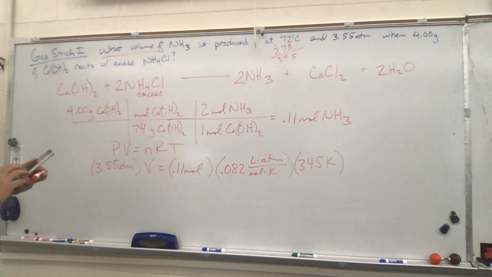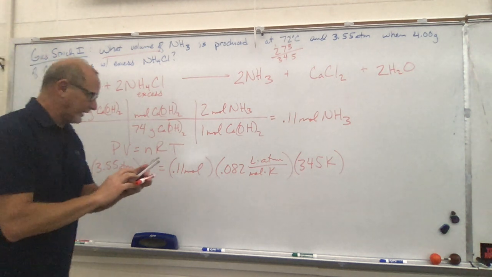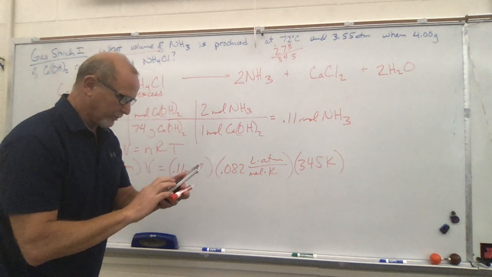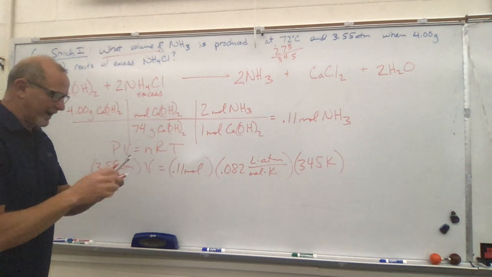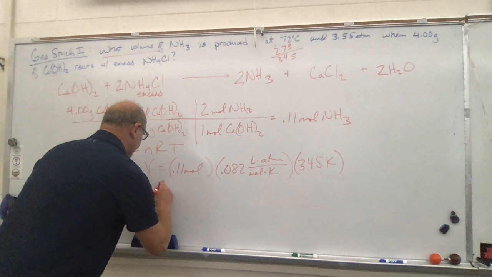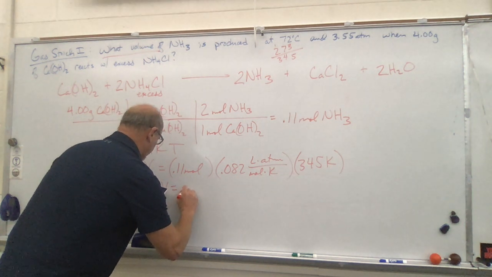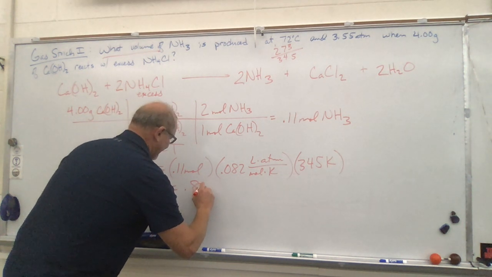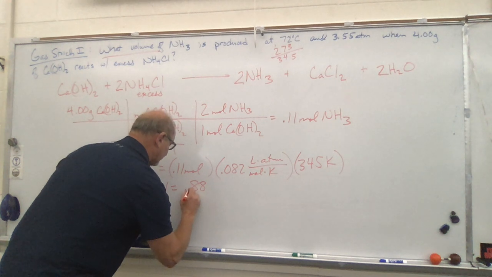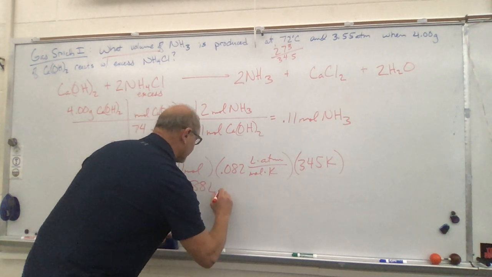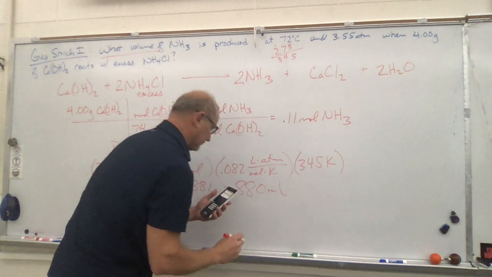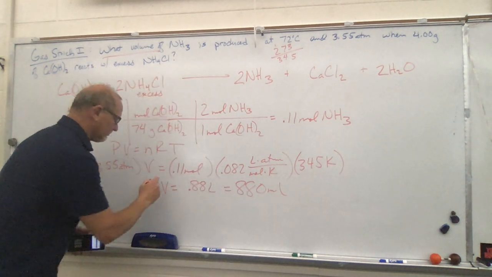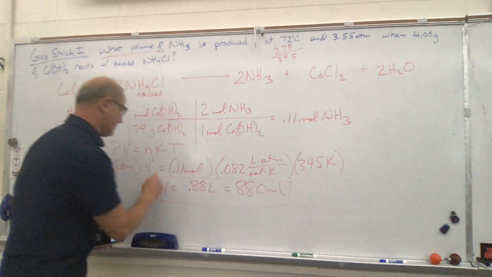We get 0.11 times 0.082 times 345 divided by 3.55. The volume in liters is 0.876, 0.88 liters, 880 mL-ish. Circle in your answer.